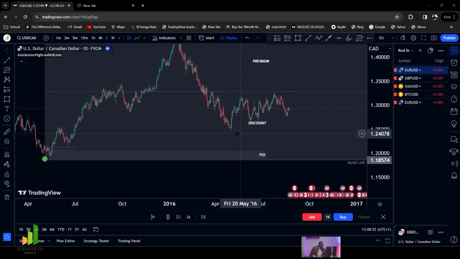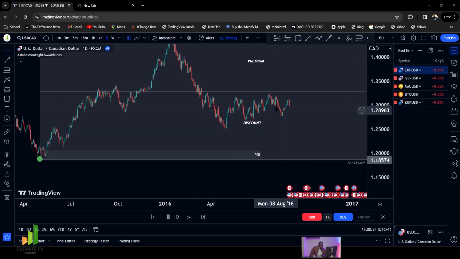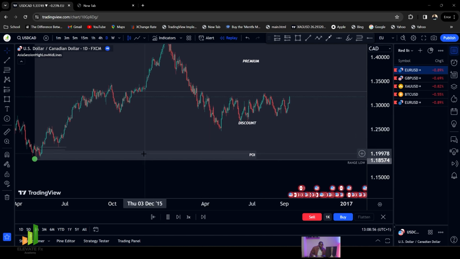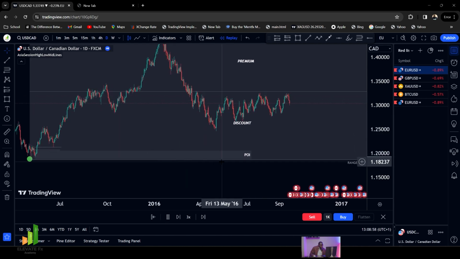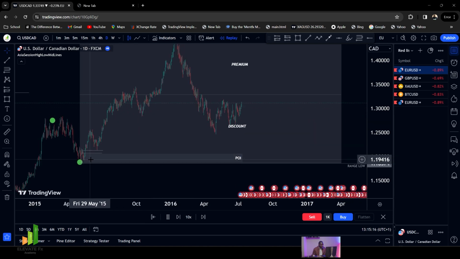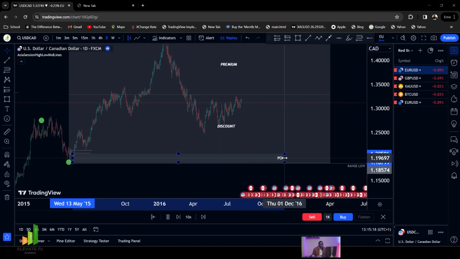We haven't seen price break any structural level, so let's just watch as price moves. Let's keep watching because we still have price at discount. Okay, we still have price moving. Let's try and speed this up a little. Now remember, we are considering this as our point of interest.